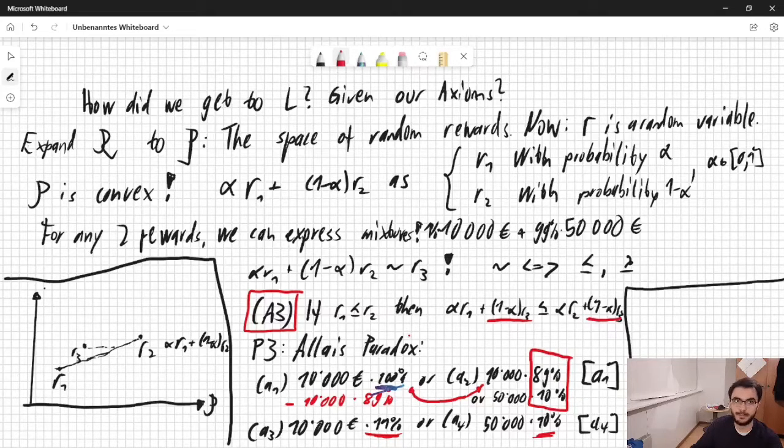However, it's not compatible with A3, because under A3 it's fine to choose A1 over A2, but then if we choose A1 over A2, we have to be consistent in our decision and also choose A3 over A4. Same way, A2 over A1 and A4 over A3 is fine, but combining these two in this way makes no sense under A3.